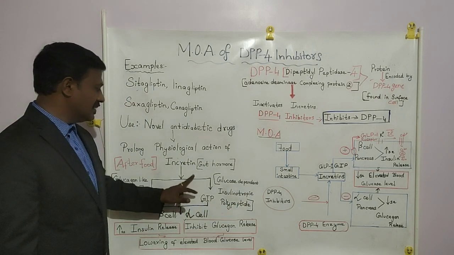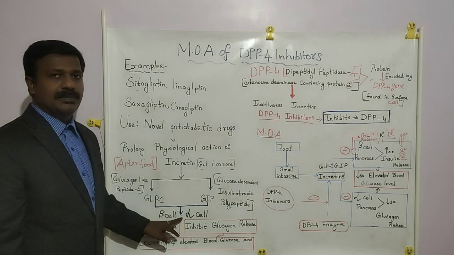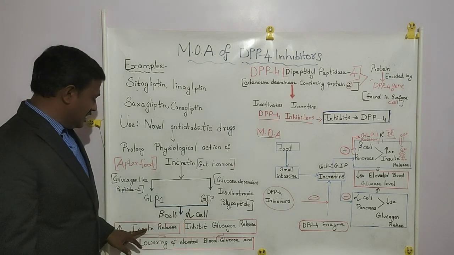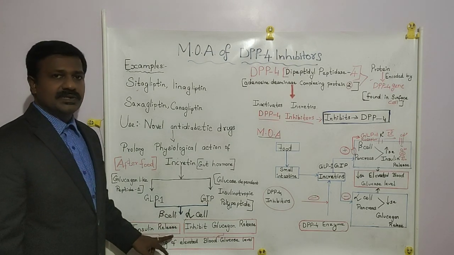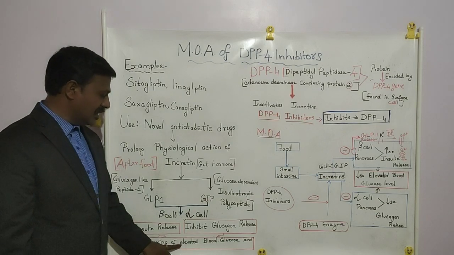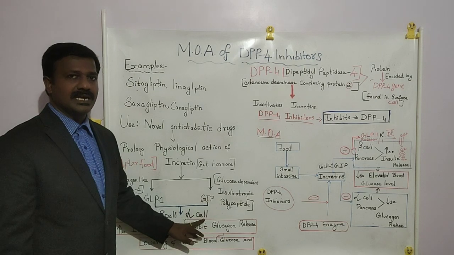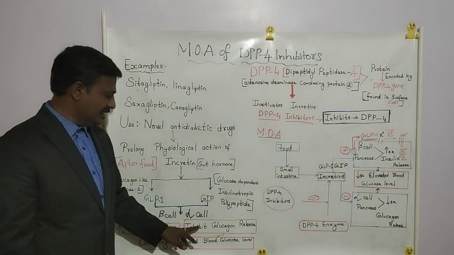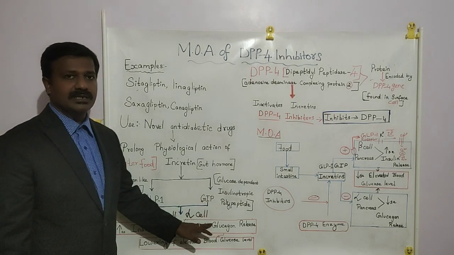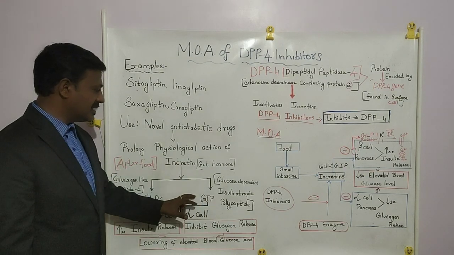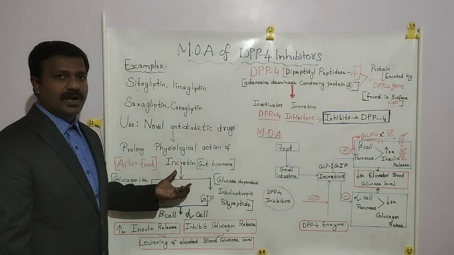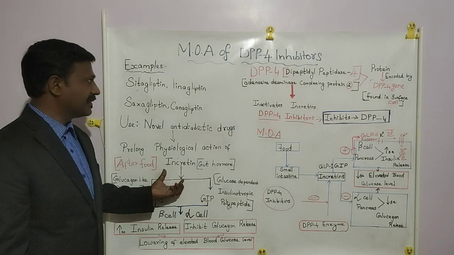These two incretins act on the beta cells. They increase the insulin release, thereby lowering the elevated blood glucose level, and they also act on the alpha cells. They inhibit the glucagon release. So this is the normal functioning of the incretins while taking food.